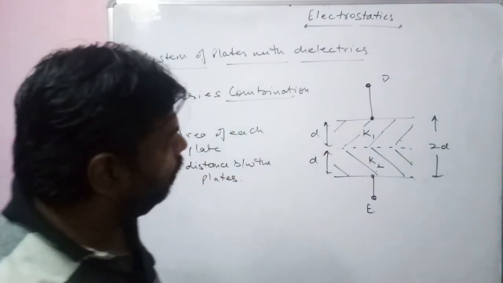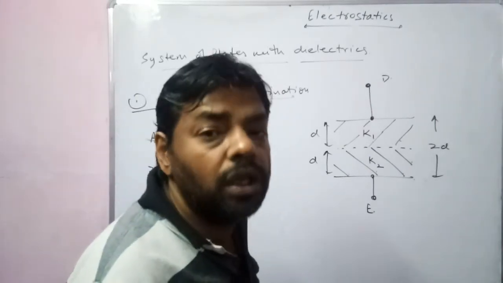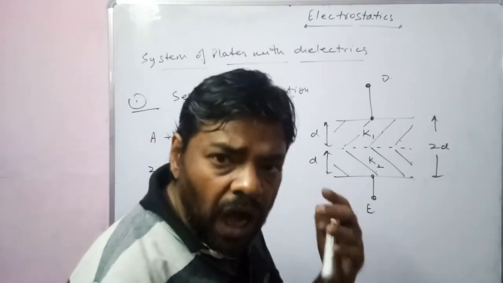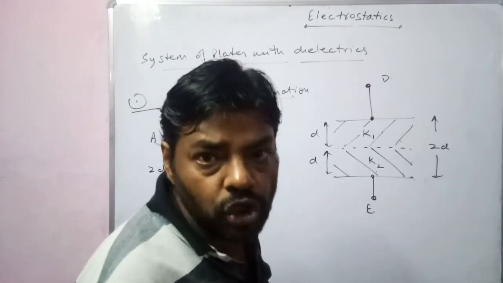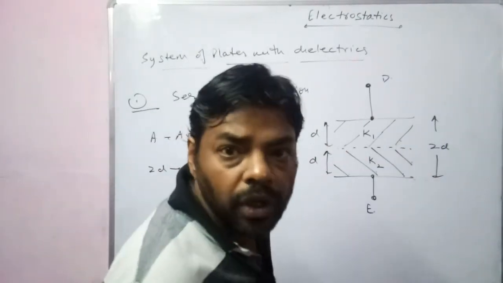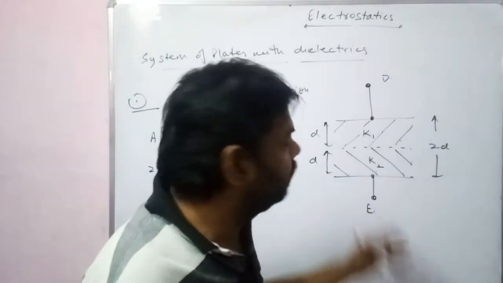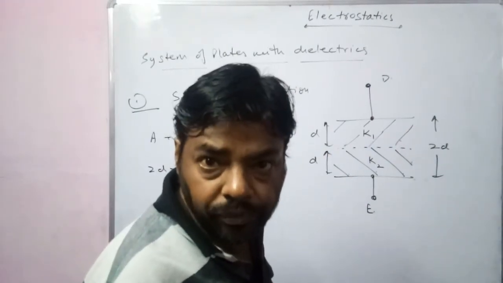Okay? Now, it is the case of series combination. How do we identify that it is the series combination? I am giving you a tip. Look at this interface. This interface is parallel to the plates.